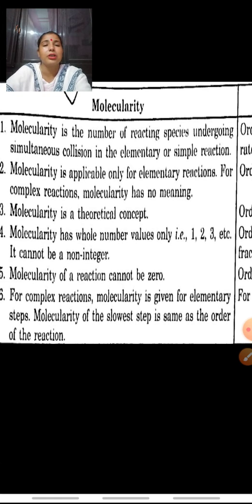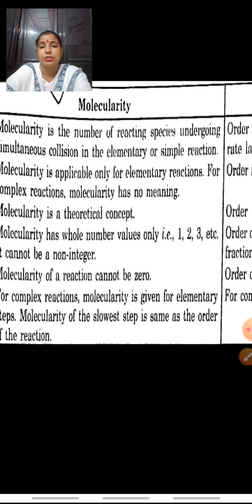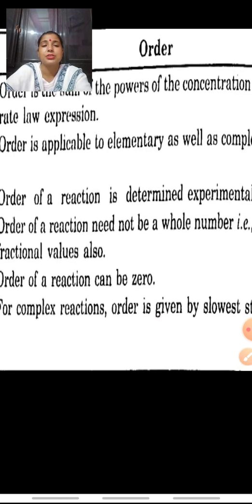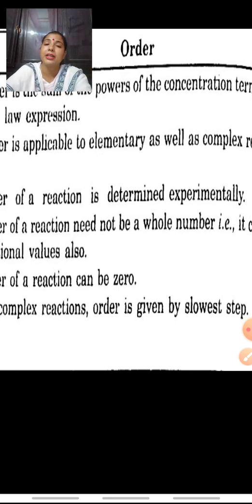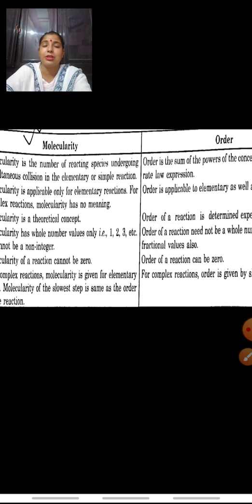Now see, molecularity does not have any experimental proof. It is only a theoretical concept, whereas order is determined experimentally.